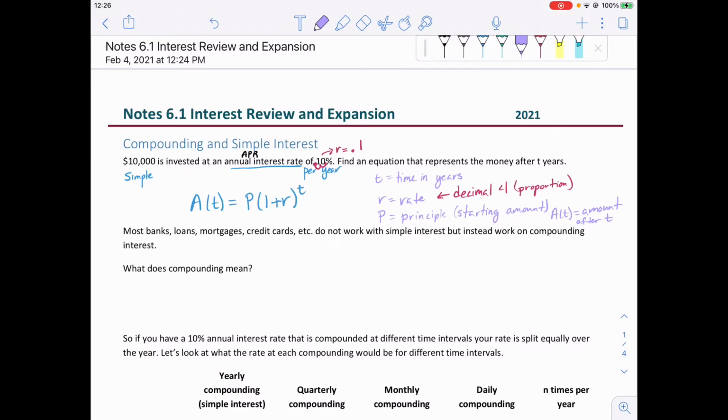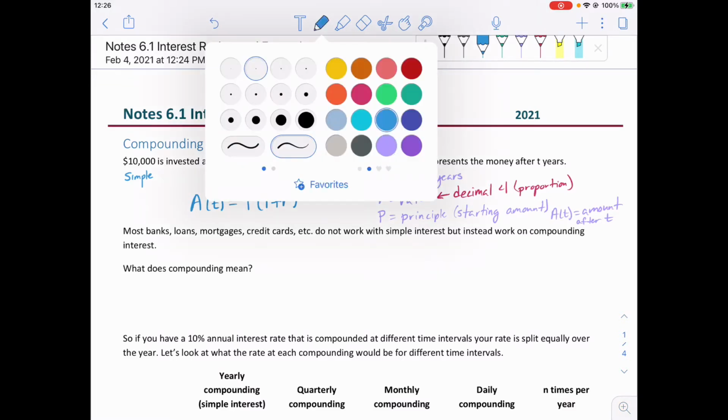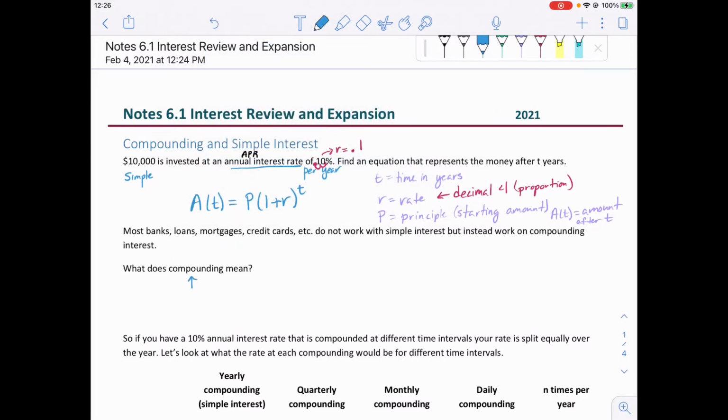This is not how most things that we work with, like banks, loans, mortgages, credit cards, work. That's not per year. If you think about it, there are monthly statements for stuff like this. So they get compounded. What that means is that our rate is distributed throughout the year.